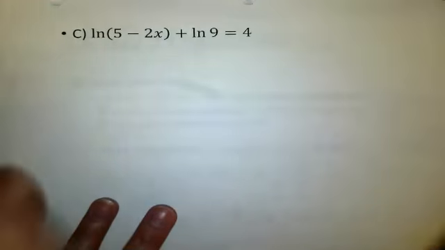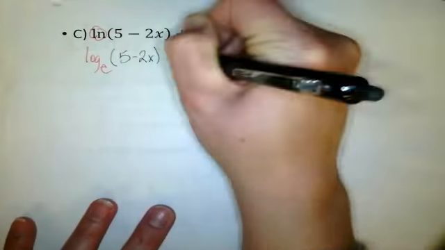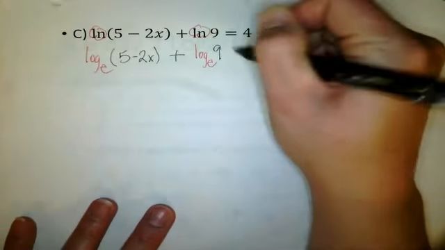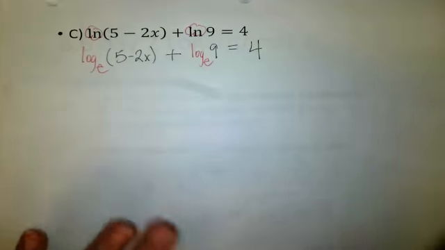So again, I have this weird natural log. What is natural log? Log base e. I love how you said that. Log base e of 5 minus 2x plus log base e of 9 equals 4.